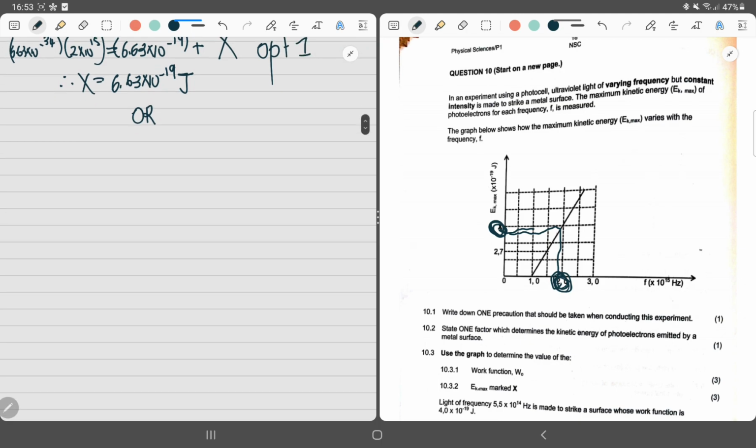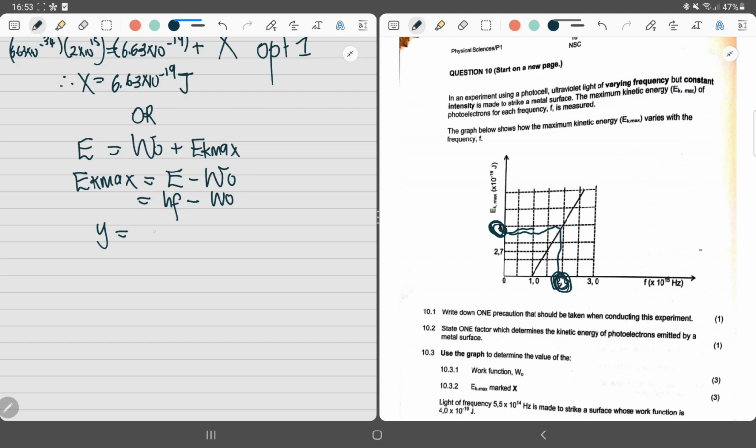Let's look at option 2. So E is equal to W0 plus EK max. But EK max is on the y-axis, so this is going to be E minus W0. E is given as h multiplied by the frequency, minus W0. So this gives the equation of a straight line.